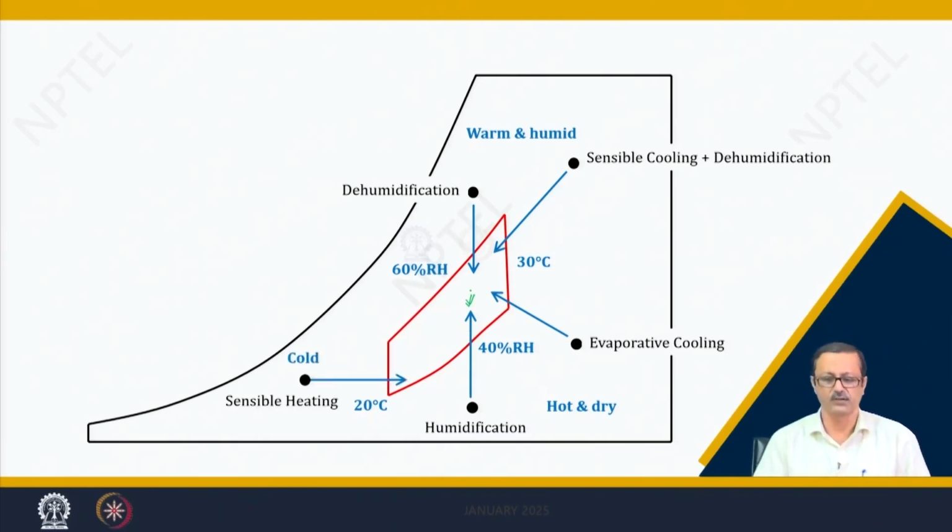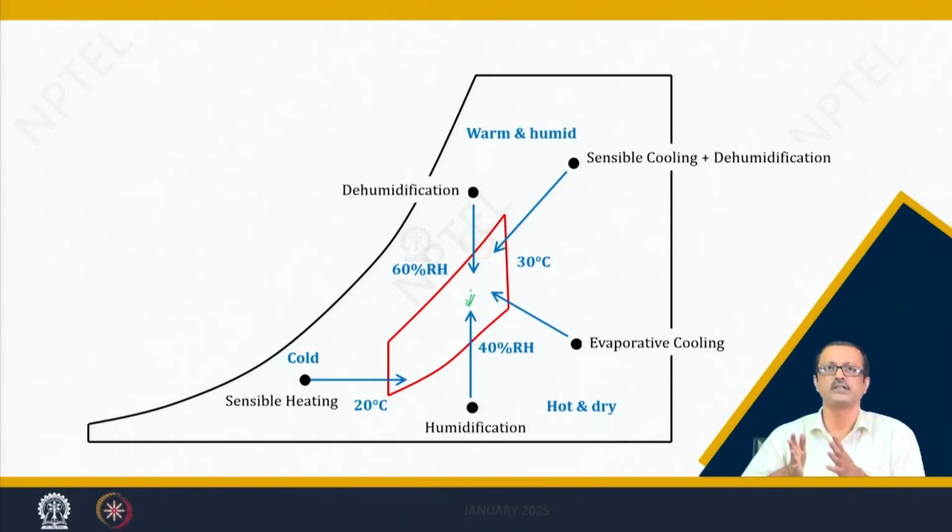And finally, maybe you have a very cold atmosphere or cold interior, and you require some kind of sensible heating to push the leftmost black point inside that particular red boundary zone.